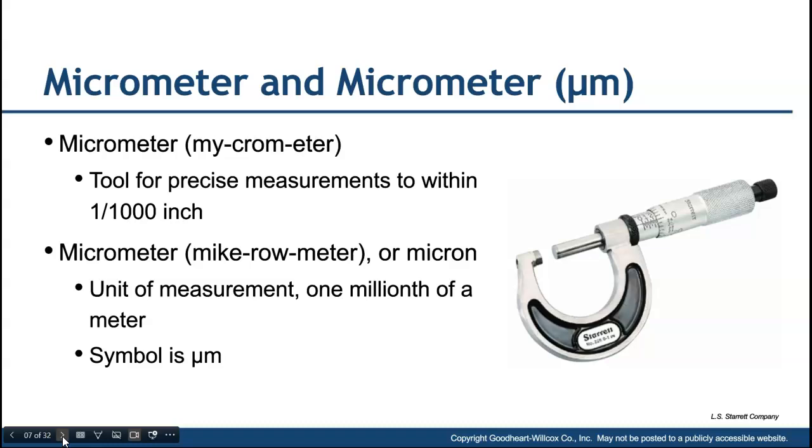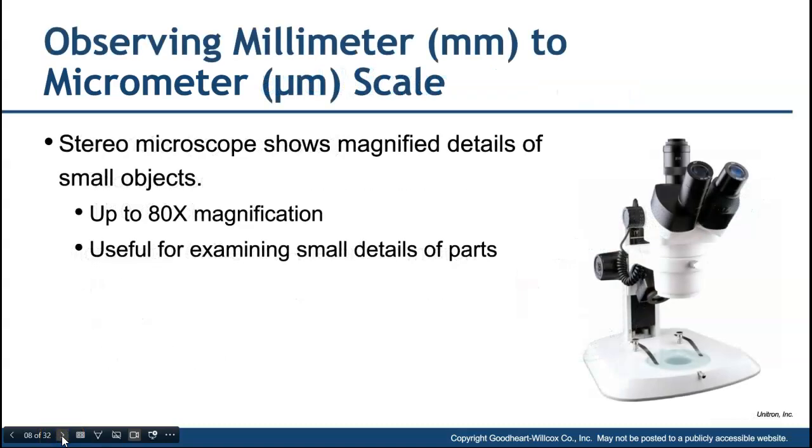But that again is a little bit different. So here we have a micrometer. There is a difference between a micrometer tool and a micrometer or a micron, and the unit of measurement is 1/1,000,000th of a meter, and of course the symbol here is a micrometer. So understand some of the differences there.